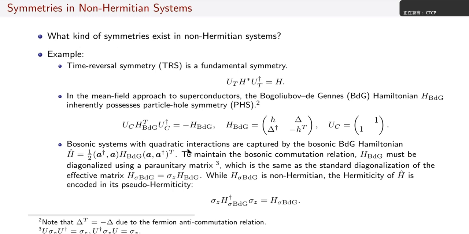Then we find that this is equivalent to the usual diagonalization by using a unitary matrix of another Hamiltonian, this one, sigma_z H_BdG. Then this Hamiltonian is non-Hermitian, even if H_BdG is Hermitian. However, because the original Hamiltonian is Hermitian, this non-Hermitian Hamiltonian has to satisfy a condition. So this is an example of dagger symmetry.